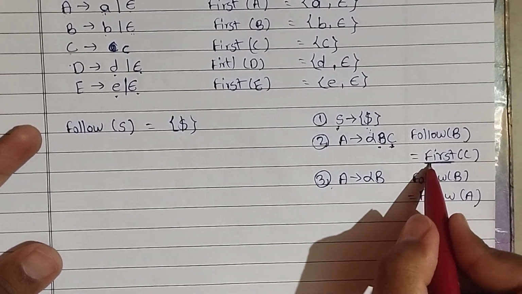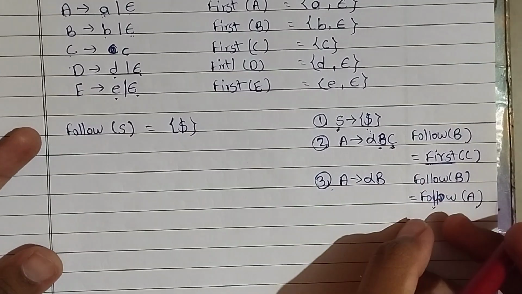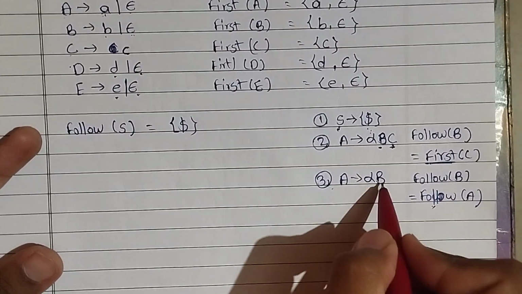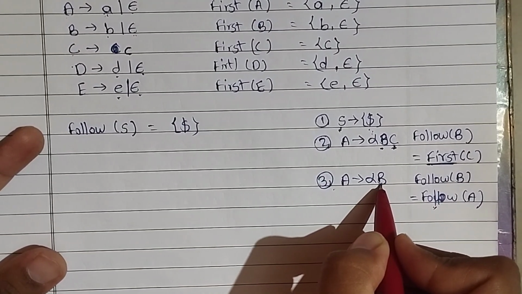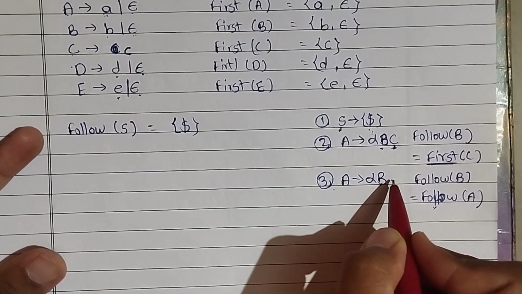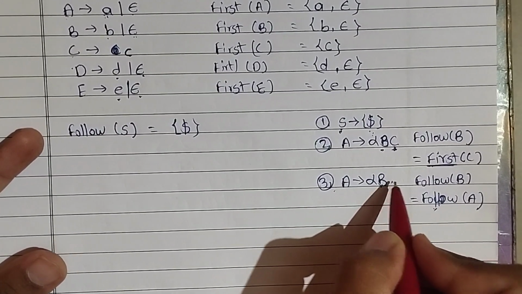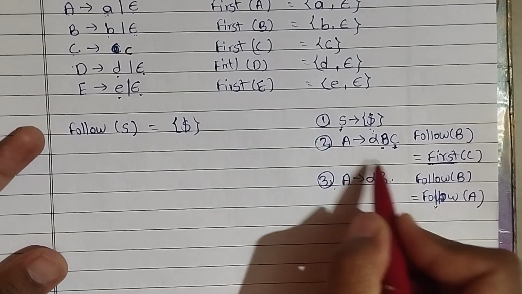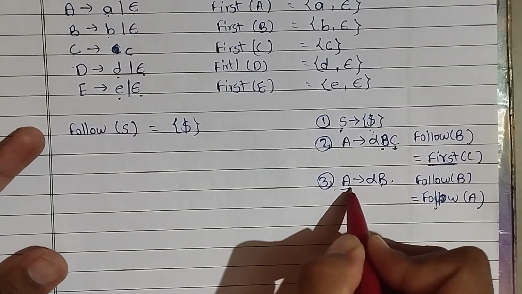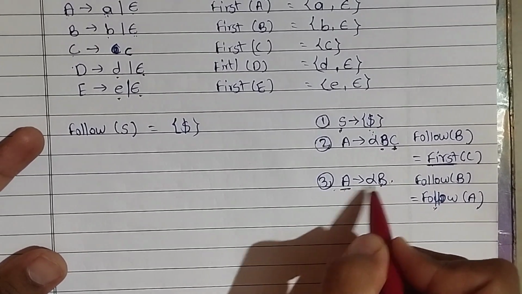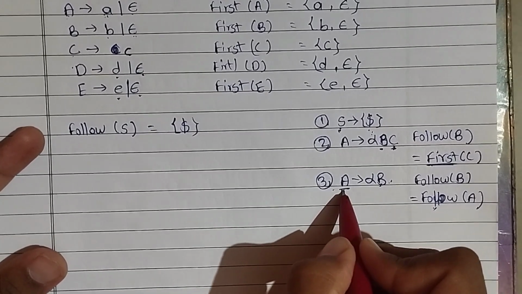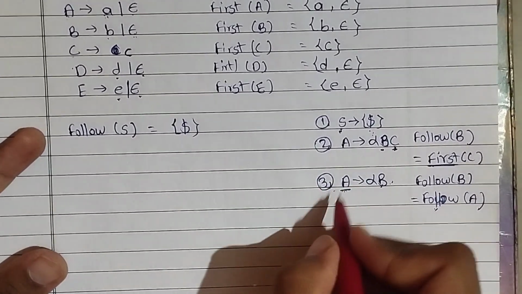So here is the first and here is the follow, and when we find the follow of a non-terminal which is followed by null, where nothing is present, meaning null is present, then we find the follow of the grammar A. Who reads B? A reads B. So that's why we find the follow of A.